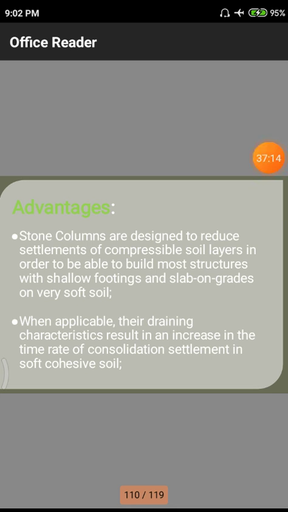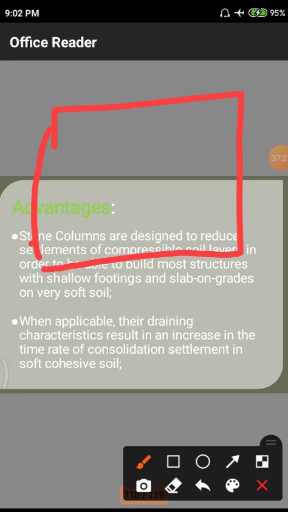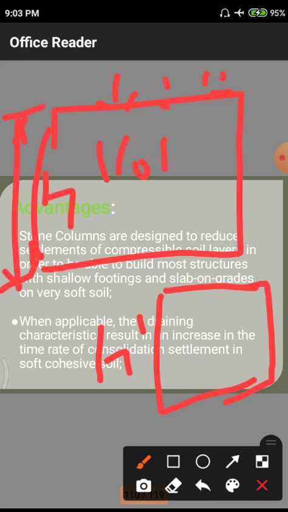decrement of volume. I will show. This is the total volume. After any application of load, there may be a decrement of volume; this is the H. The total H will be decreased to H dash, which is the total volume after settlement.